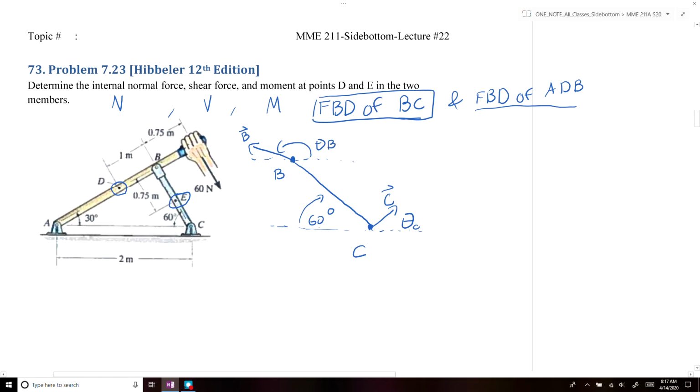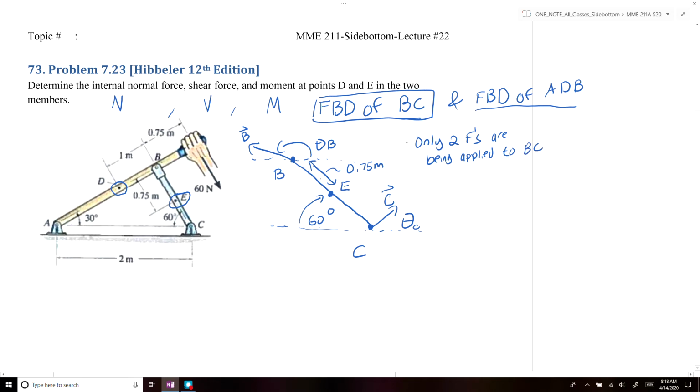Okay. So since there's no other known forces in the system here, and I guess I should put in point E here. We know that point E is 0.75 meters from point B. Alright, but if we look at our free body diagram, only two forces are being applied to BC.